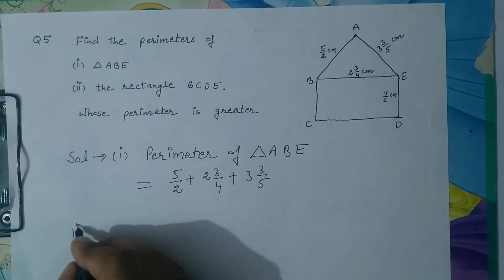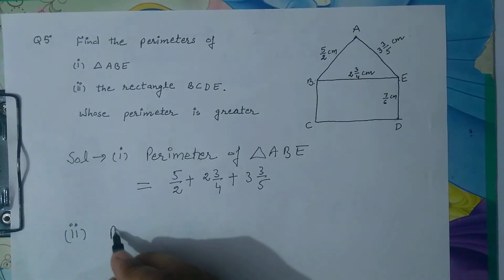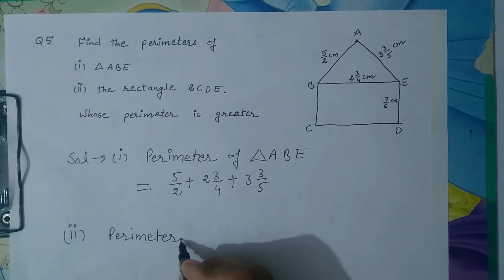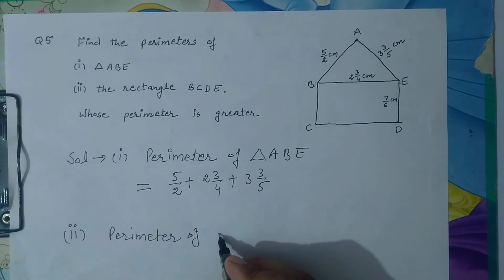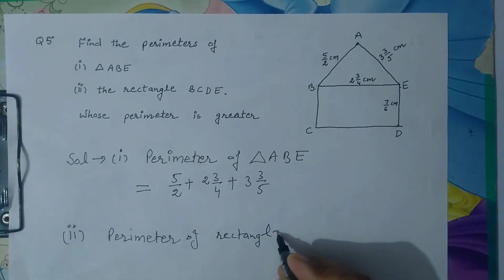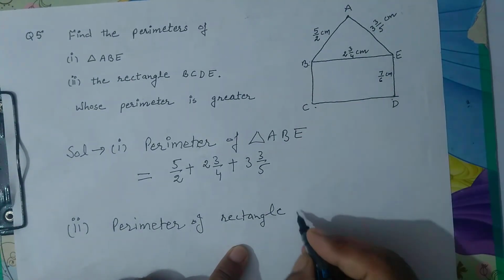What is the second part? What is the perimeter? Perimeter of rectangle. What is the name? BCDE.